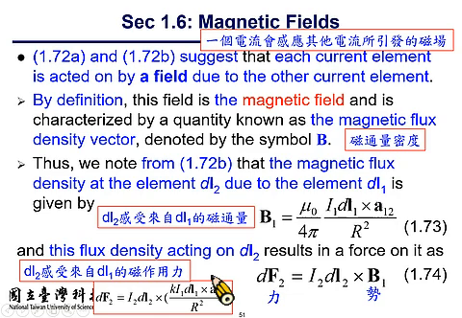Because of this concept, we can set up the definition for the magnetic field, which is usually referred to as H, the magnetic field intensity.